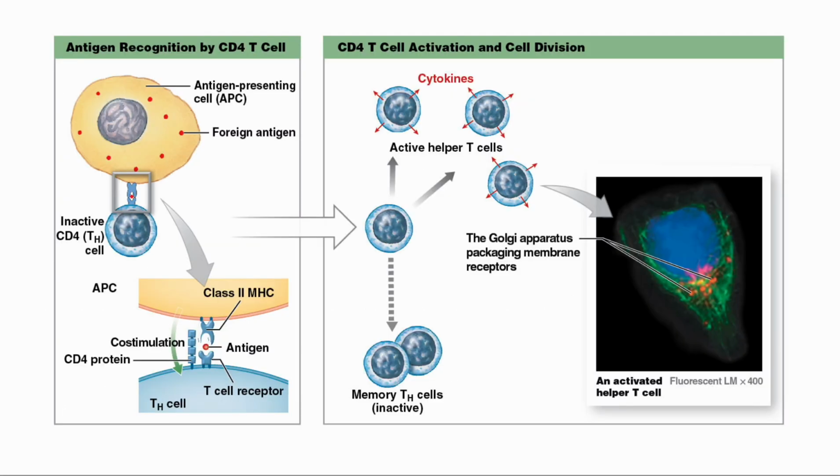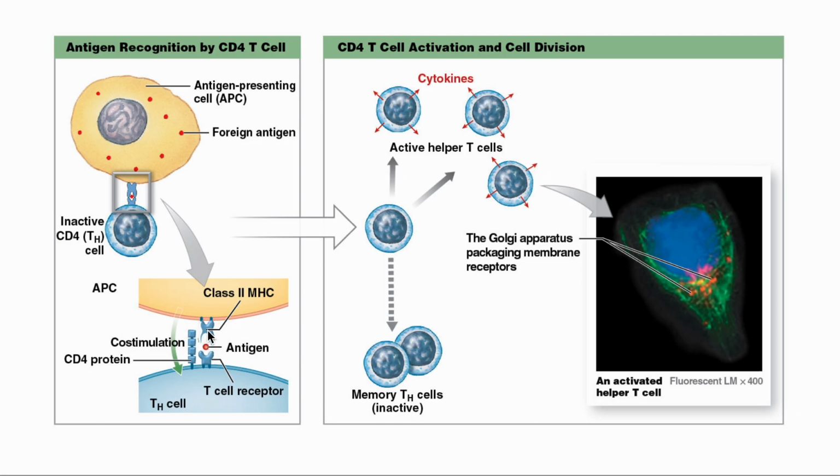So let's look at that in pictures. So here is an antigen presenting cell. Remember, those are the ones that use MHC2 to display antigen. So this is some kind of phagocytosing cell. So it phagocytosed something and then took that antigen and put it on an MHC2 protein.